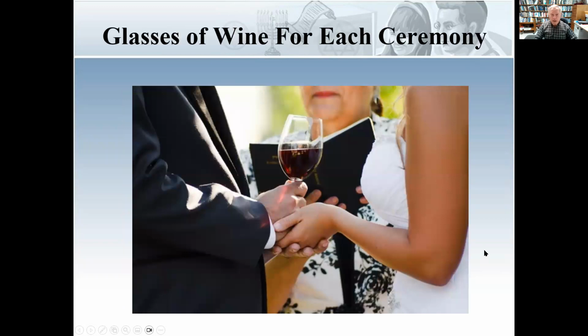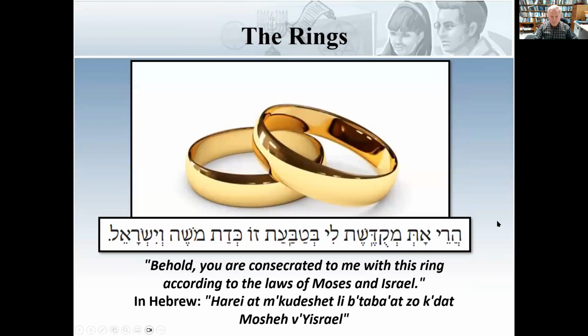I mentioned that there are glasses of wine for the first part of the wedding, Kiddushin, the betrothal, and the second part, Nisuin, the actual wedding itself. And the rings, again, you can see what are traditional Jewish rings, and the groom's statement, which is, behold, you are consecrated to me, consecrated or sanctified, holy to me with this ring, according to the laws of Moses and Israel.